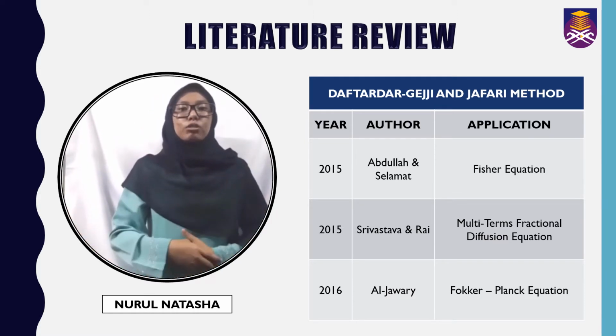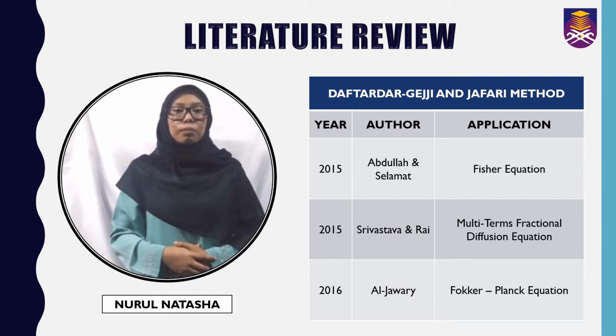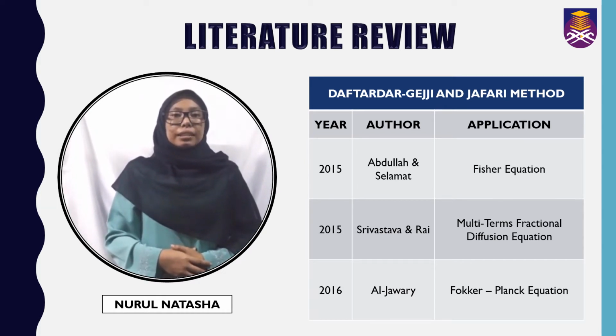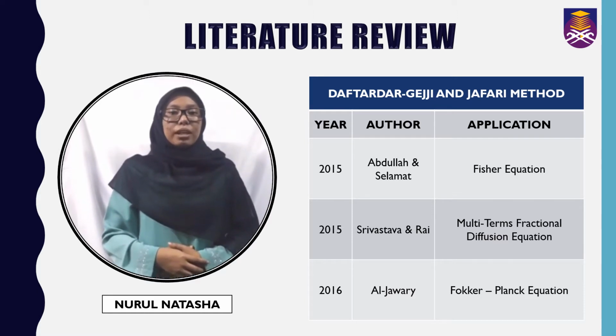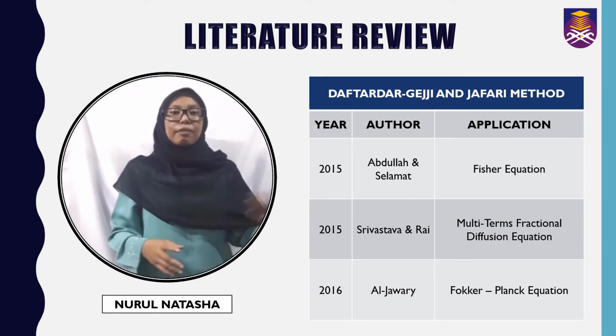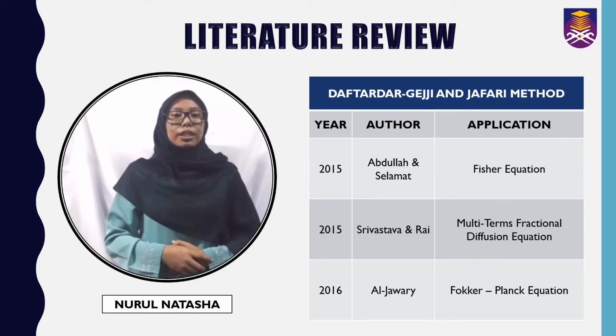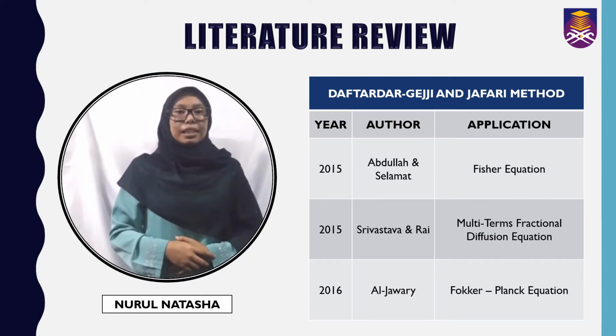Ribas, Taba and Wright in 2015 proposed a new mathematical model for oxygen delivery through a capillary to tissue. Adomian decomposition method and Daftardar-Gejji and Jafari method have been used to solve the multi-term fractional diffusion equation and showed the findings are completely in agreement.